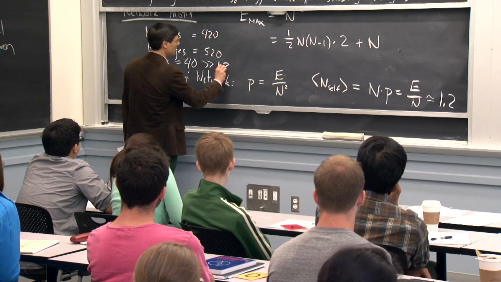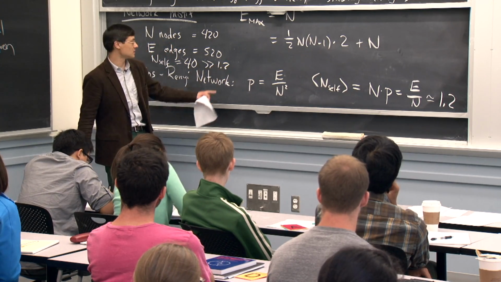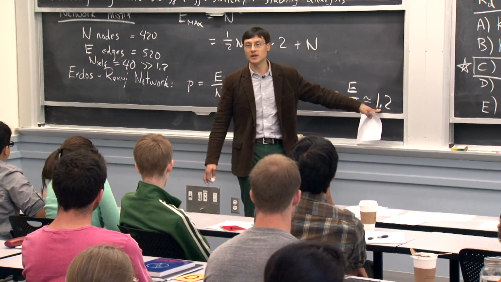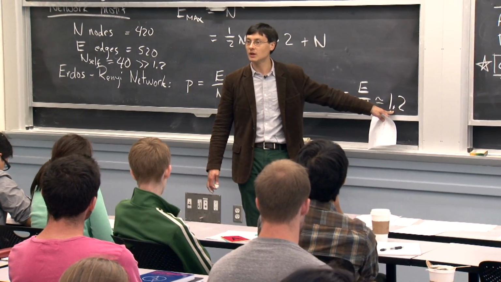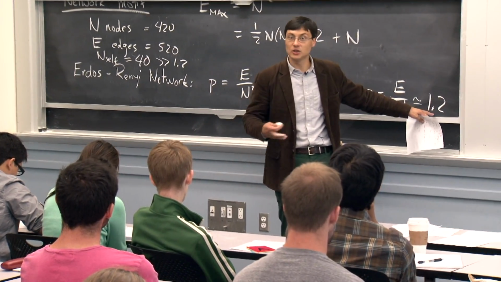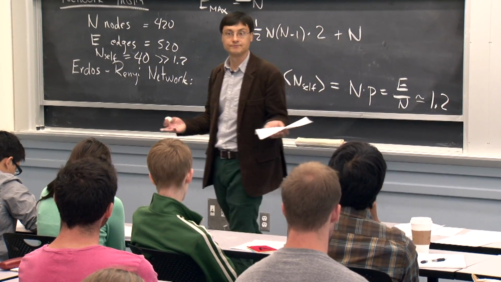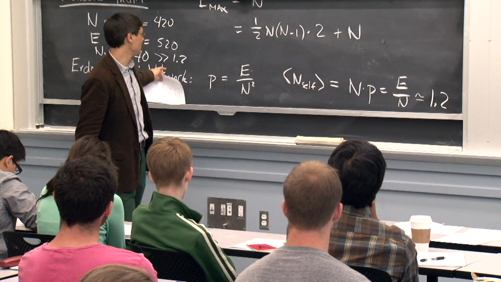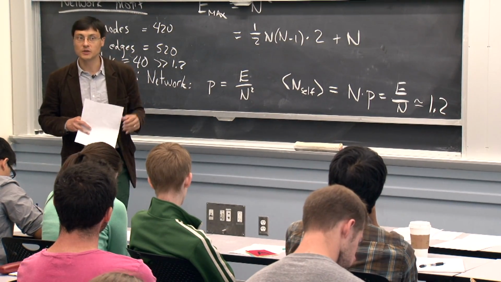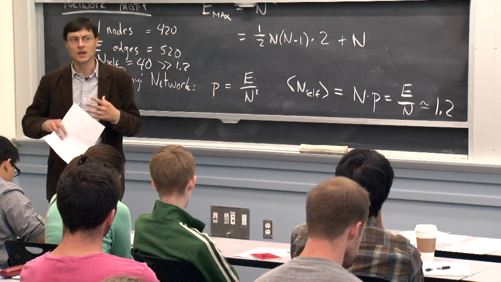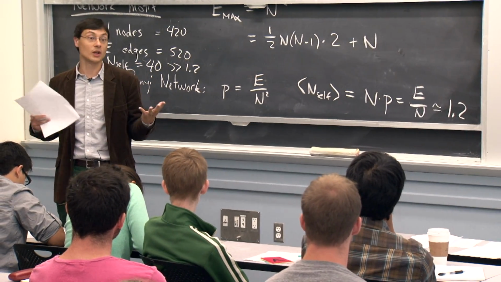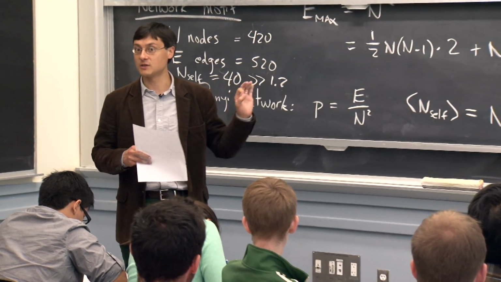And you can quantify this a little better, because you expect 1.2 plus or minus the square root of this in a random network like this. That means you'd expect 0, 1, 2, maybe 3. So 40 is definitely not what you would expect based on an Erdős-Renyi network. This is the sense in which it's a network motif: the observed network just doesn't look like a random network in this very particular sense.